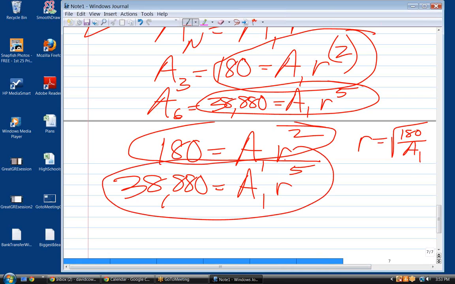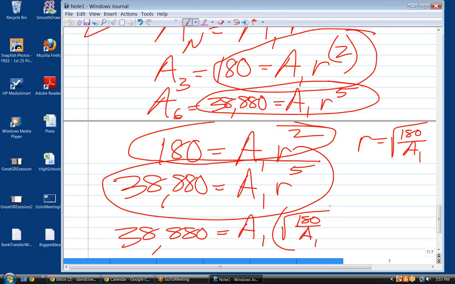Substitute that for r there. So I have 38,880 equals A1, this to the fifth. So it would be the square root of 180 over A1 raised to the fifth power.